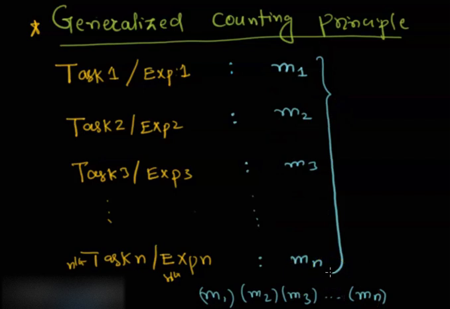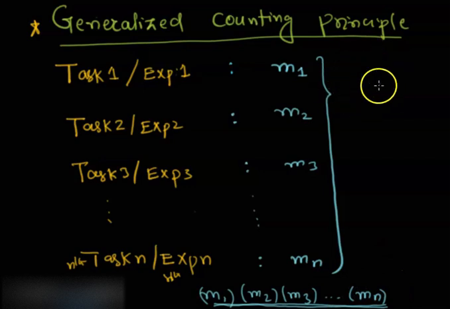Or you can say that if you are performing all of these tasks together, then you can perform them in m1 multiplied by m2, m3, m4, till mn ways.